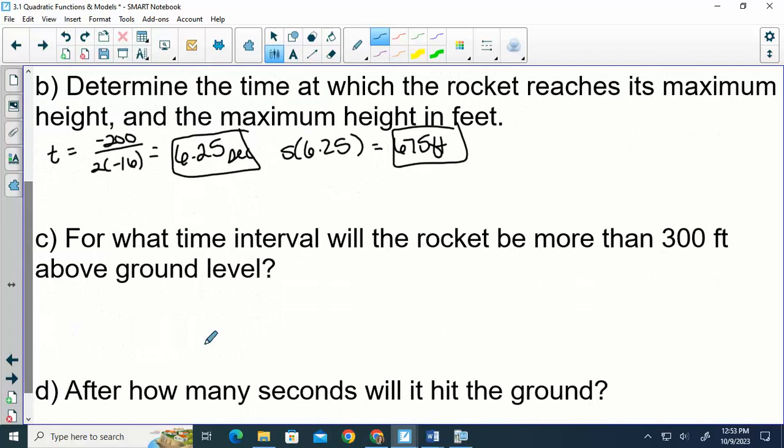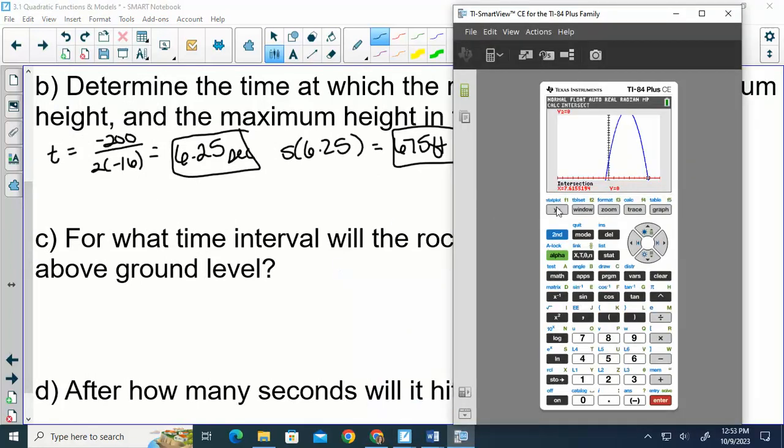Okay, if you want to know when it's more than 300, so if we go to our y equals equation, negative 16x squared plus 200x plus 50, and we want 300.